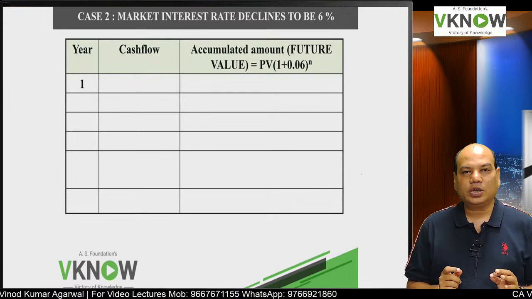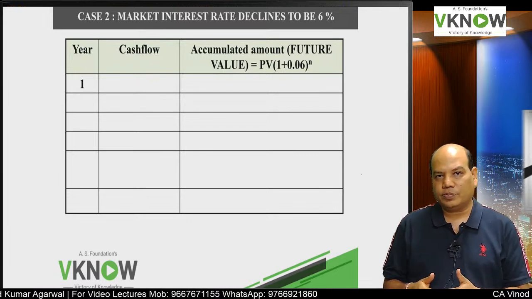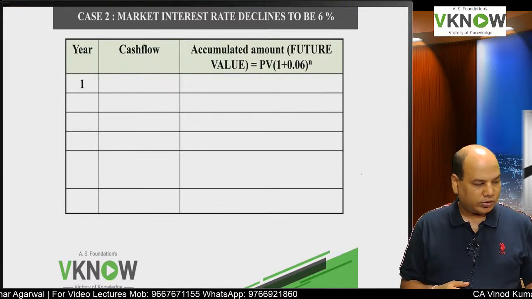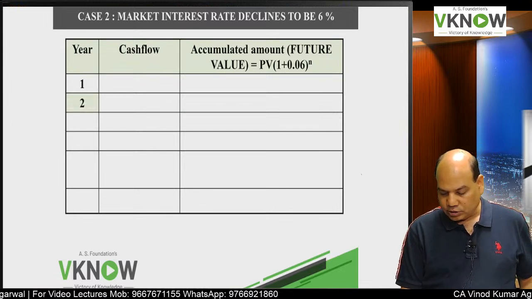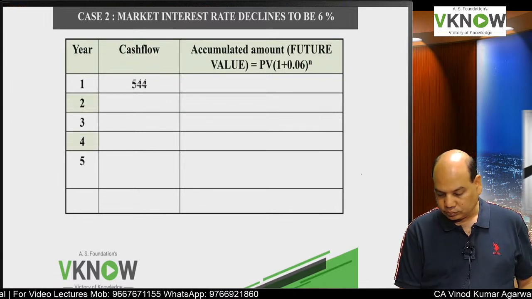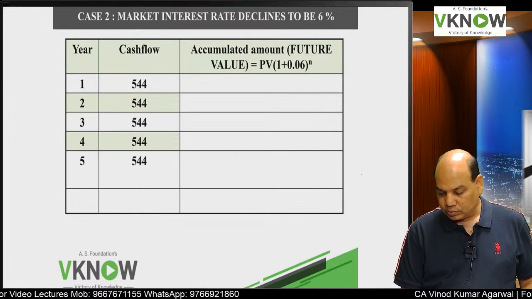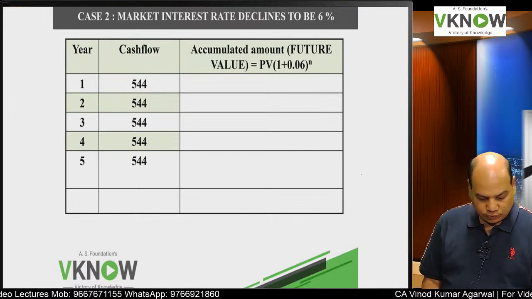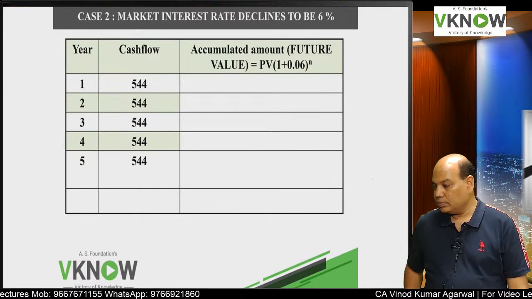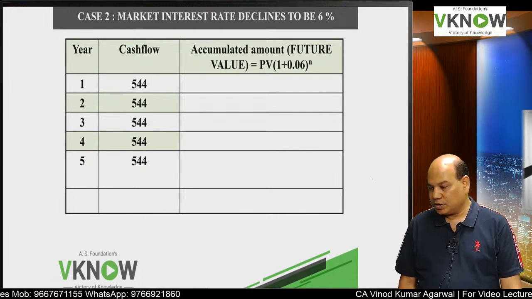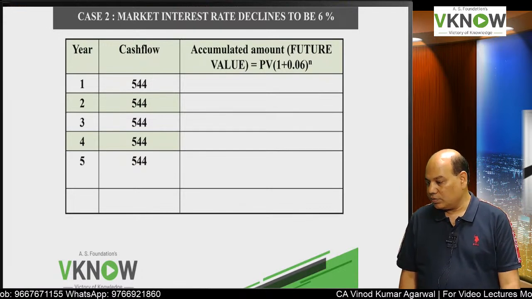And while calculating the value of the bond at the end of the 5th year, you will use a 6% discount rate. So write down the same format, same cash flow also, but the calculation of interest will be based on 6%. So can you please try?